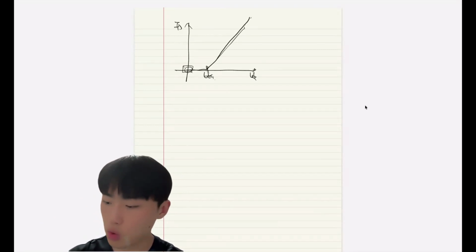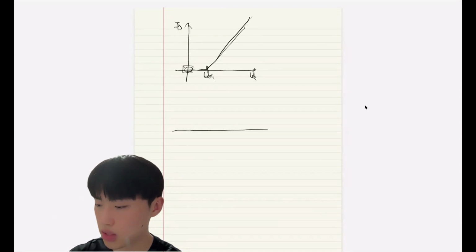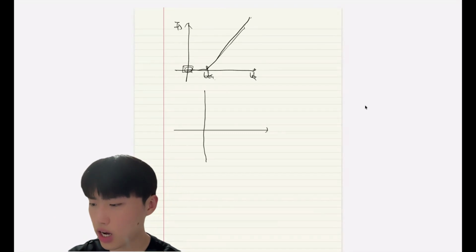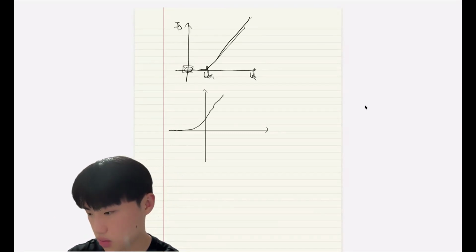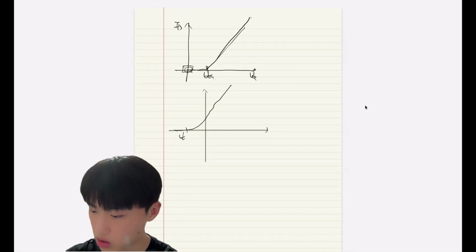But the depletion mode ID-VG curve looks like this. This will be the threshold voltage, and this will be the zero bias.